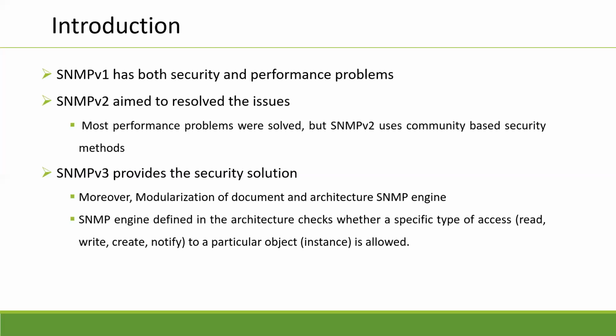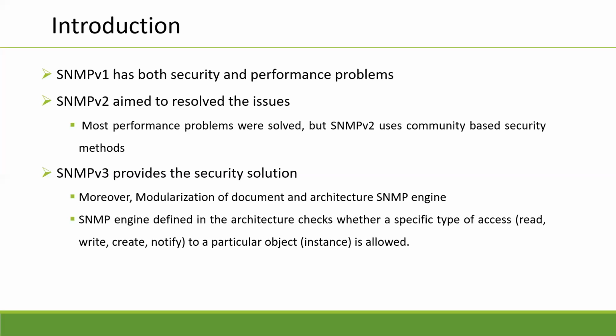And moreover, what we are going to perform in version 3 are the design goals. What goals are we going to achieve here? First, address the need for security support. Second, define an architecture to allow longevity of SNMP, that is, future extensions.